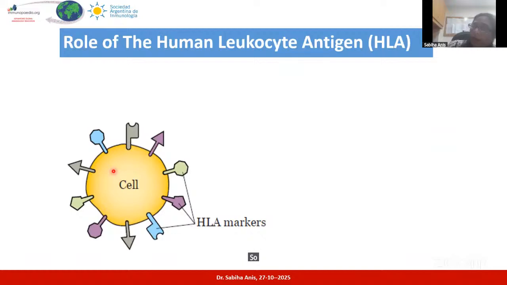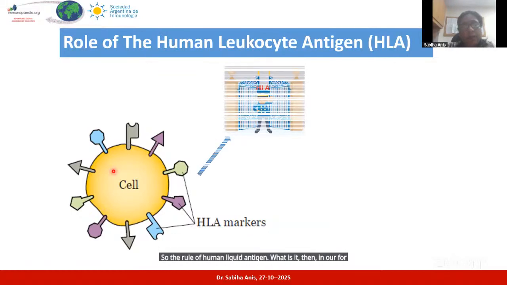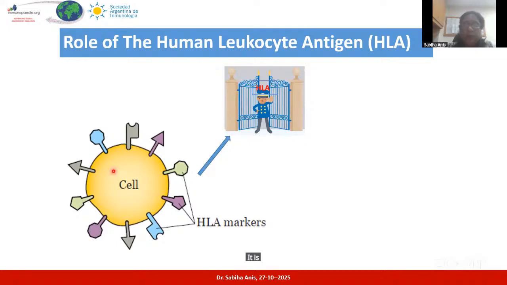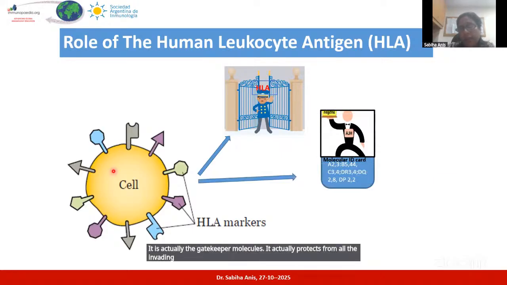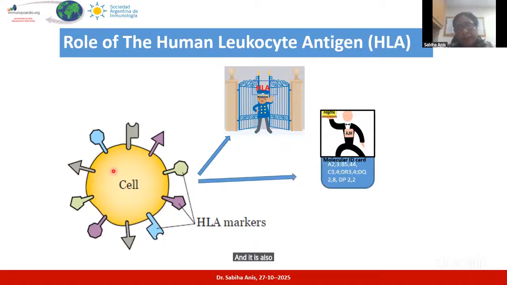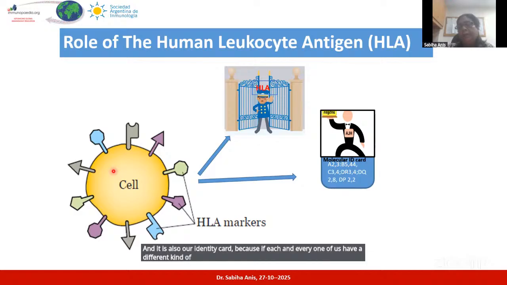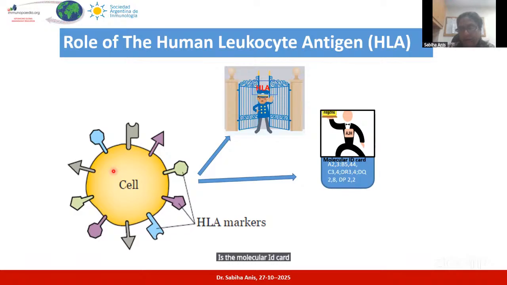So the role of human leukocyte antigen, what is it? For our survival, it is actually a gatekeeper molecule. It protects us from all the invading organisms, and it is also our identity card, because each and every one of us has a different set of HLA makeup, so it is a molecular ID card for us.